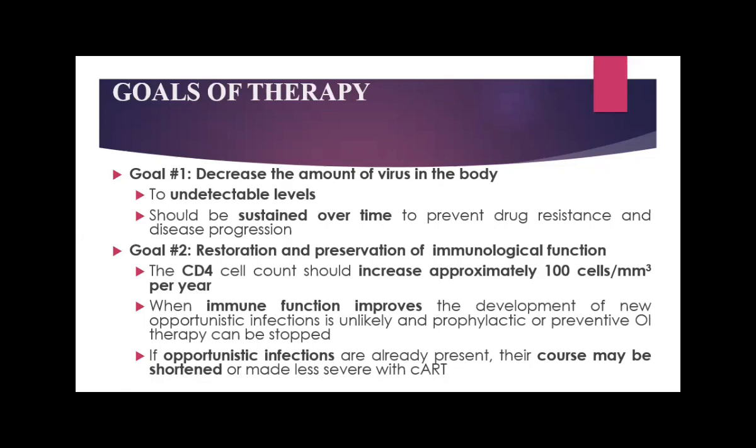When the patient achieves viral suppression, the body has fewer viruses, and that will prevent drug resistance, because the viruses cannot build tolerance or resistance against this particular drug therapy. So the first goal is to decrease the amount of viruses in the body, or you can say to reduce the viral load.